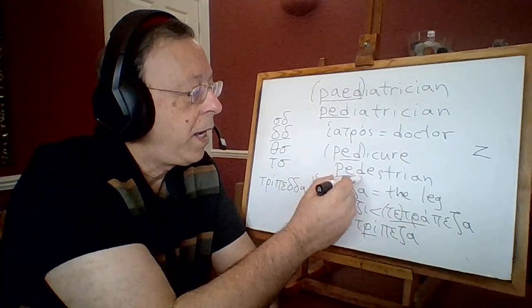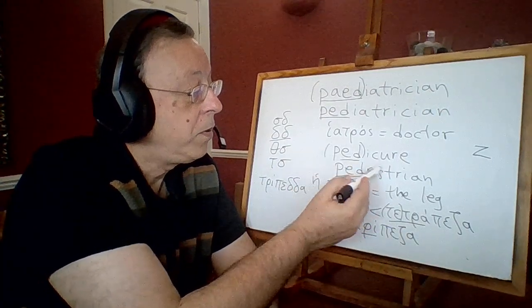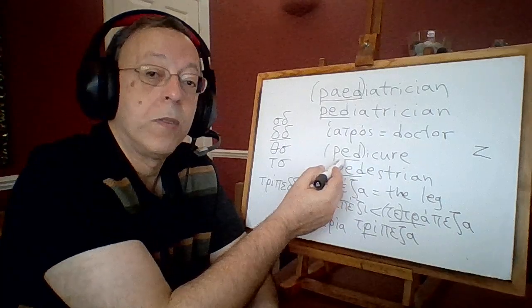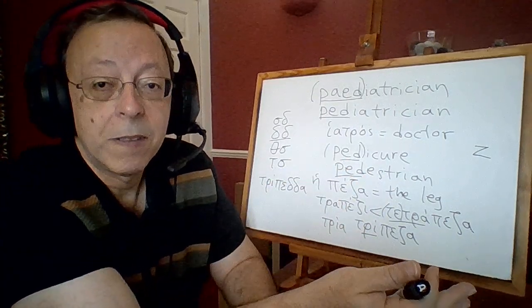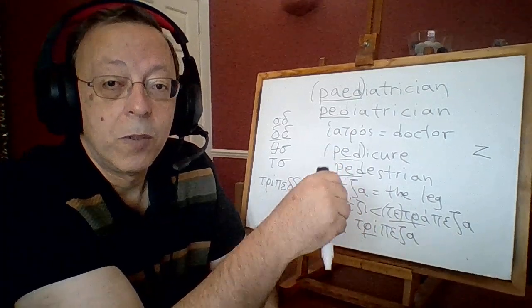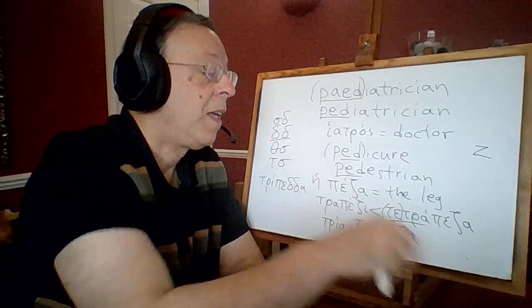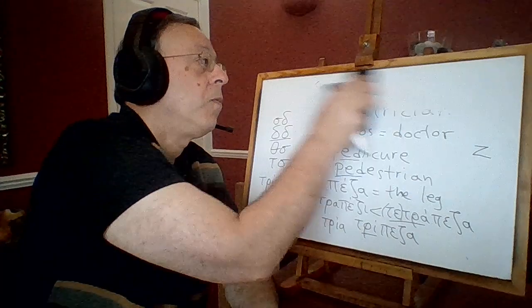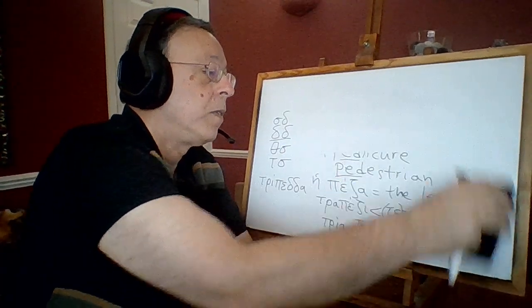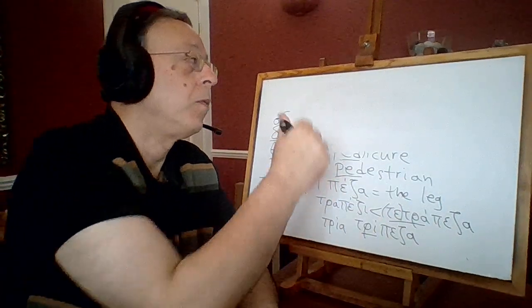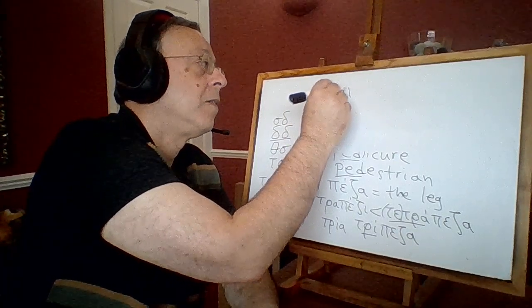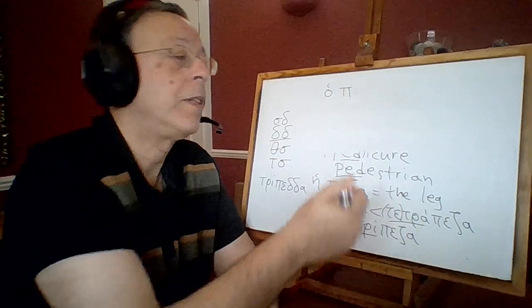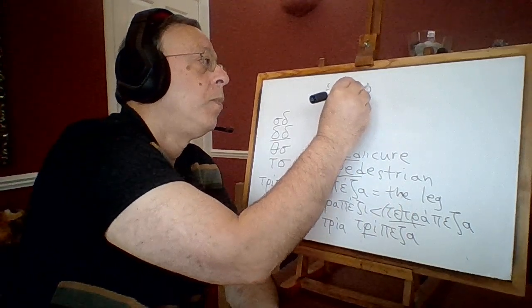So we have pedicure, the cure for the foot or the leg, pedestrian, someone who is walking on foot. There was also another word for foot or leg, and that was in the Attic or the Koine dialect or the Ionian dialect, pous.